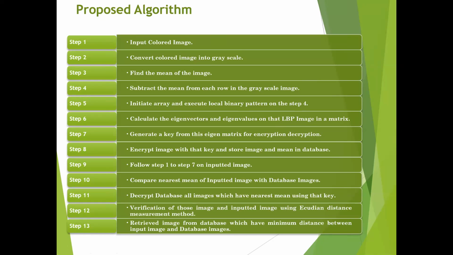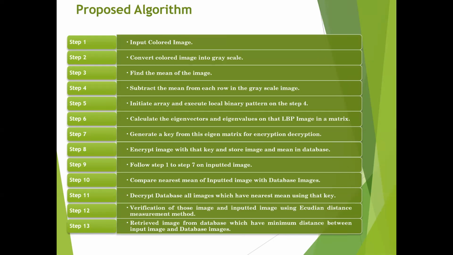The image is data in the form of a matrix, so we find the mean of each column, then subtract that mean from each row. Then we calculate the binary algorithm, meaning LBP, and then we find the eigenvalues and eigenvectors from the LBP output.